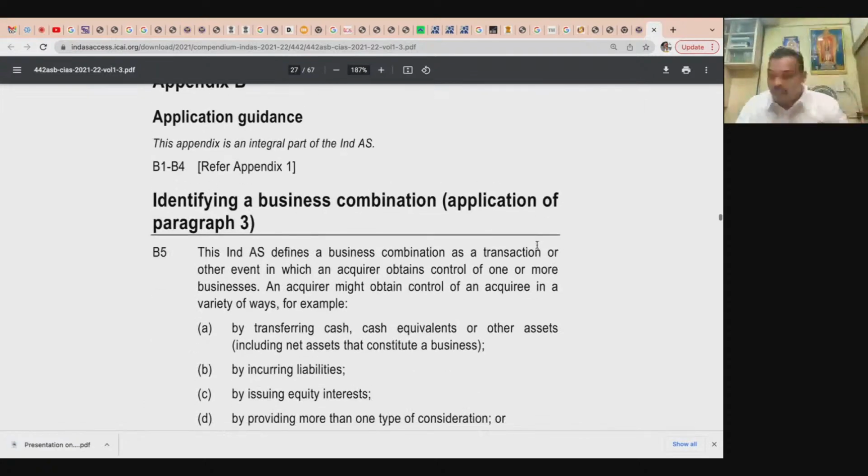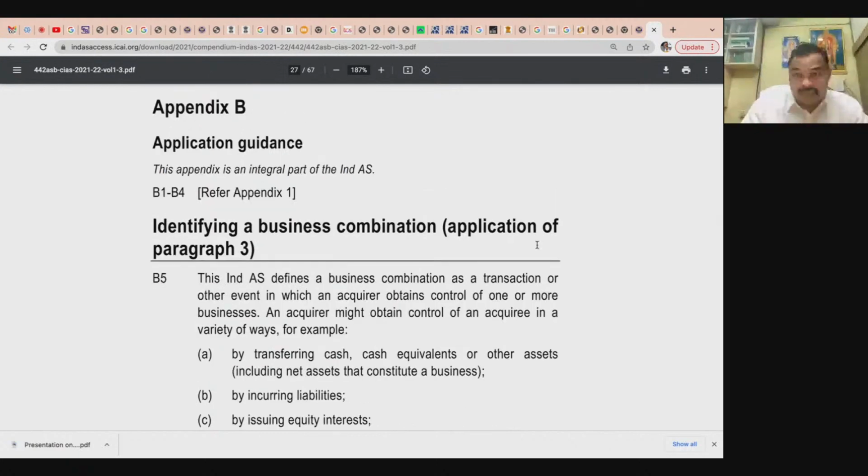Of course, out of 67, the first 4 paras are not there because it has been carved out compared with your IFRS 3. So it is hardly 140 paras.